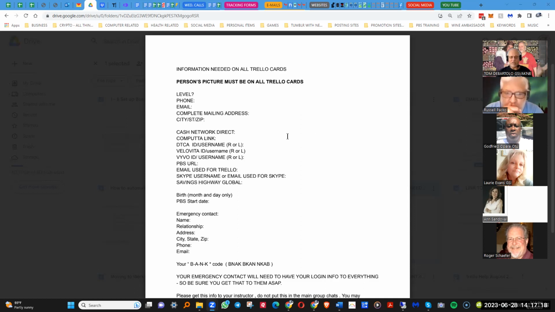So what you want to have here is your Cache Network Direct information, your computer link, your DTCA, which is either your ID username, and preferably on the binary, because it's binary on the right or left side, which you should all know what that is.